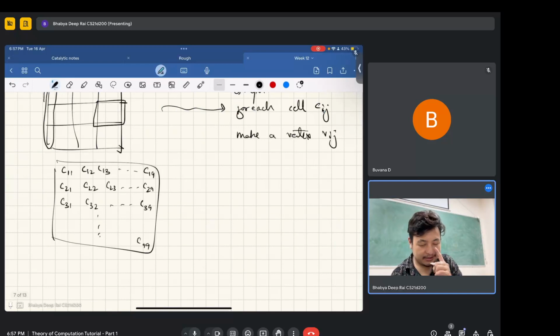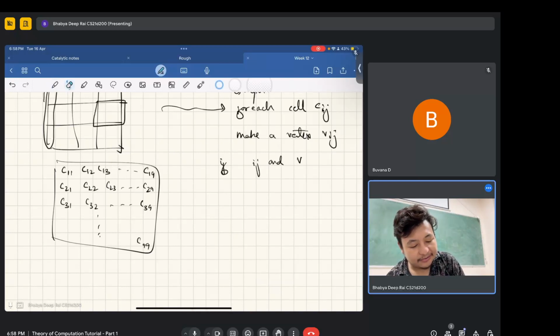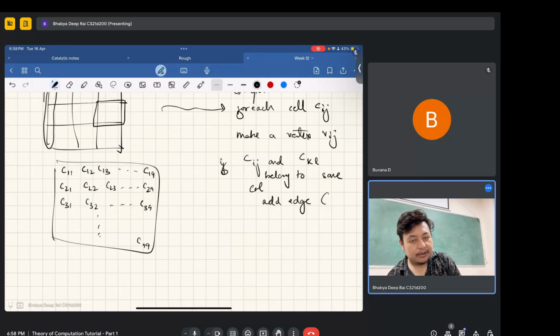Now if two vertices Vij and VKL, corresponding to cells Cij and CKL, belong to the same column, then add an edge from Vij to the corresponding vertex VKL.